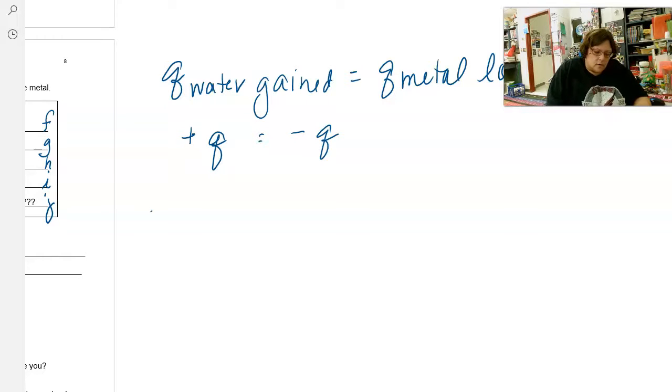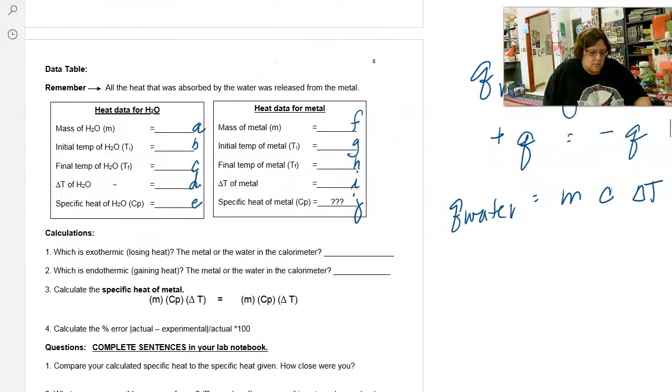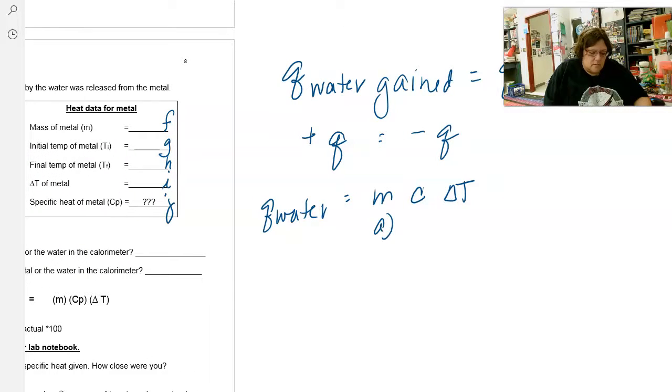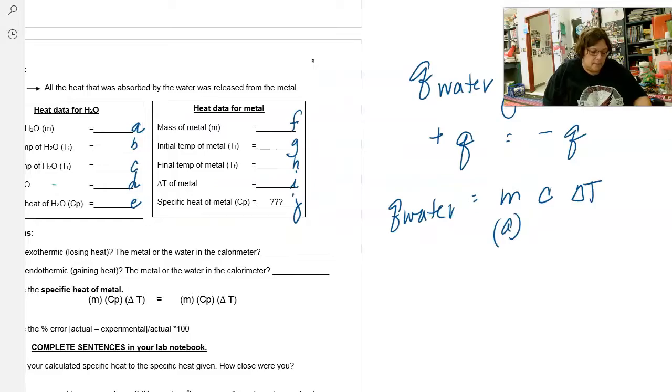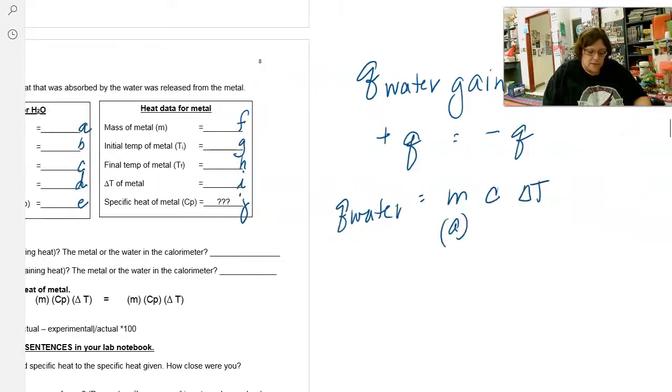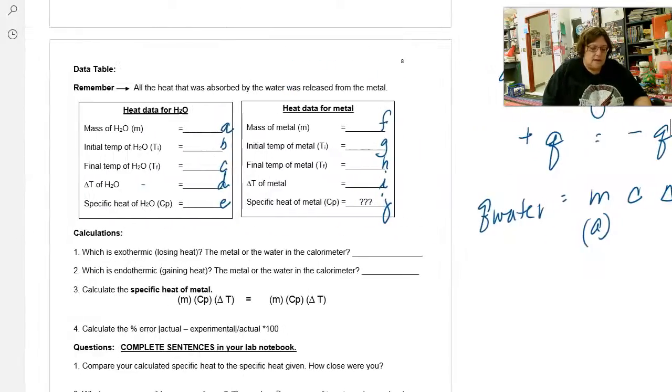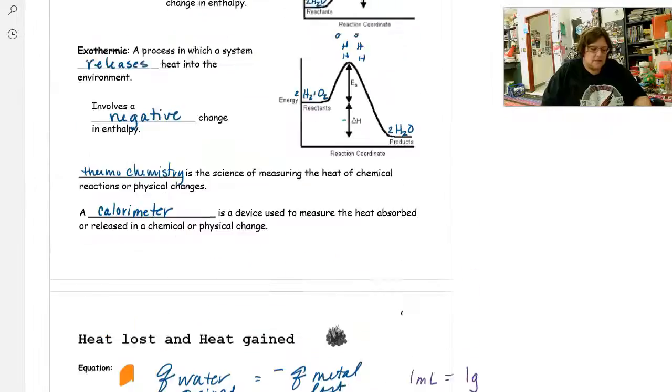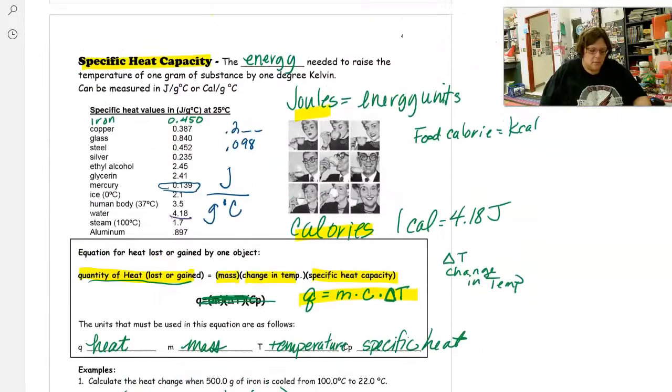Q of the water is equal to M times specific heat, mass times specific heat times the temperature change. So your mass is line A. Your specific heat, we look up in a data table, and we have that data table right here.